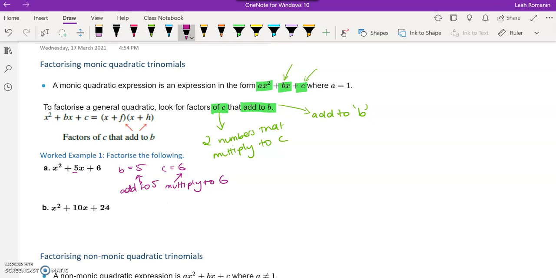So the two numbers that we can use for this particular example is 2 and 3. So 2 times 3 is 6, and 2 plus 3 is equal to 5.